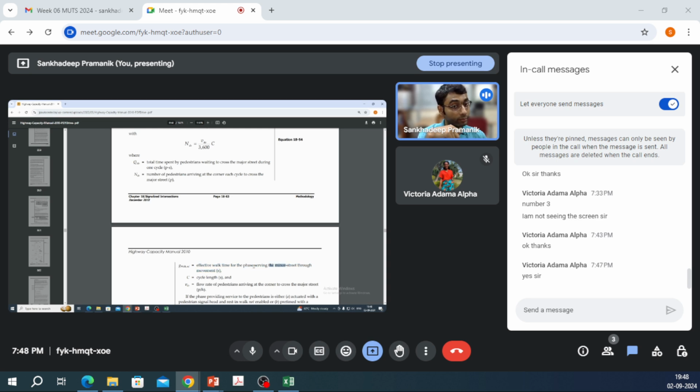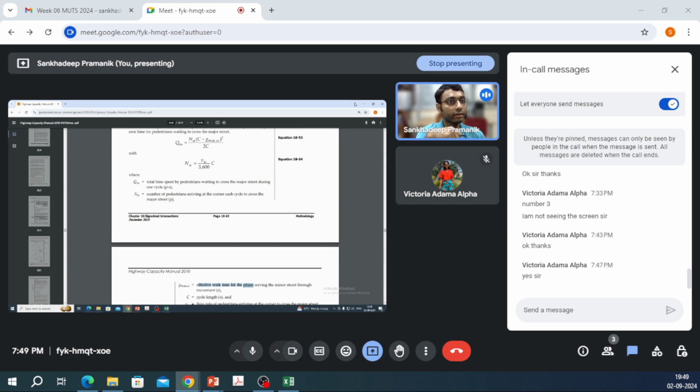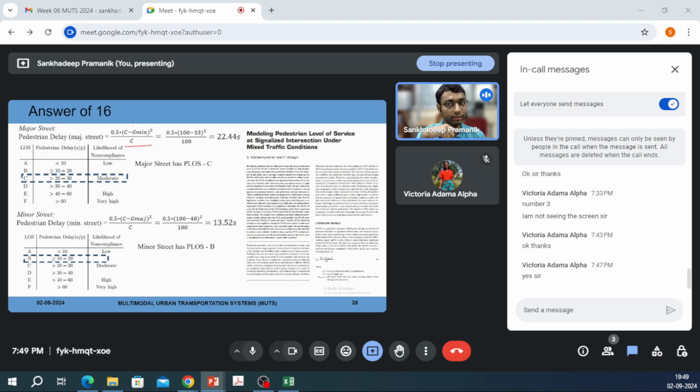So the effective walk time, that is G walk mi, is basically this G for the minor road.